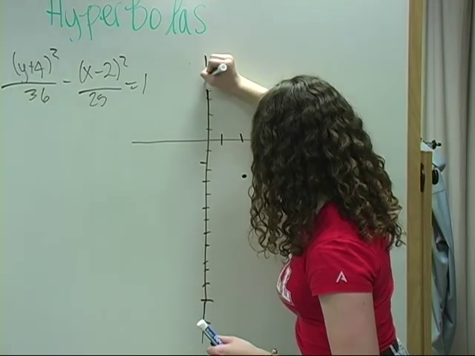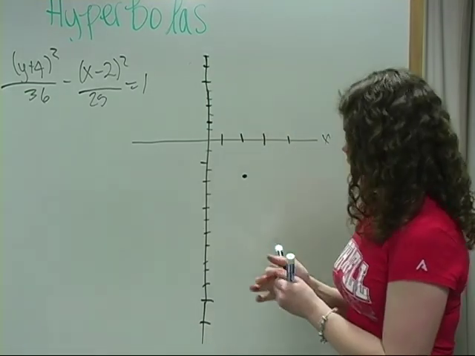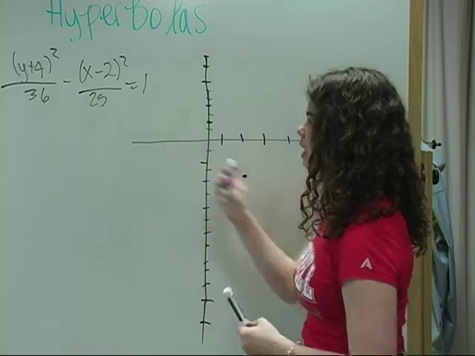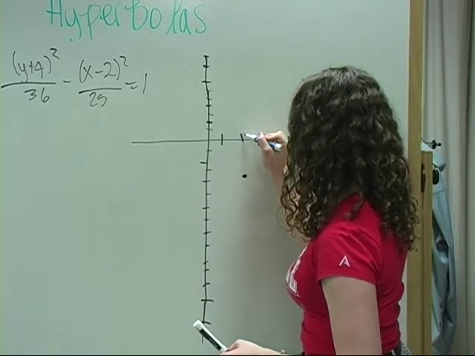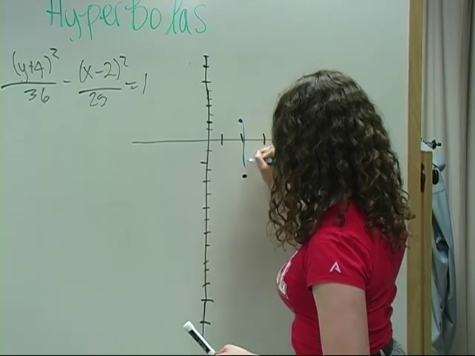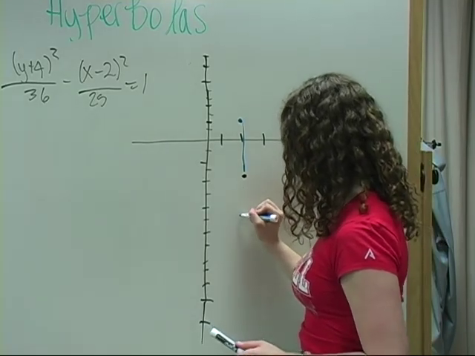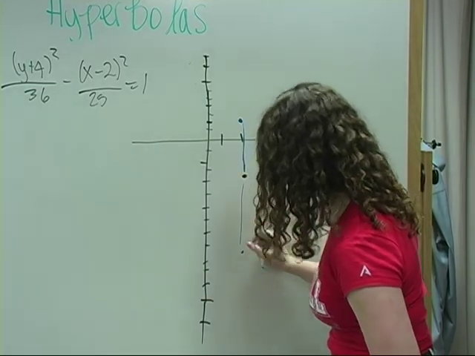So we go 6 up from the point of interest, since A equals 6. So 1, 2, 3, 4, 5, 6, right here. This is our transverse axis. And then we're going to go down 6. 1, 2, 3, 4, 5, 6. Down this way.